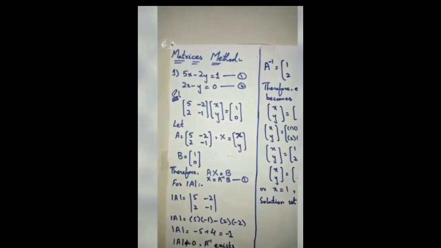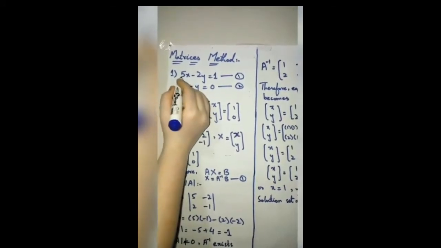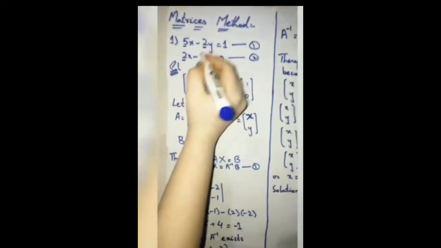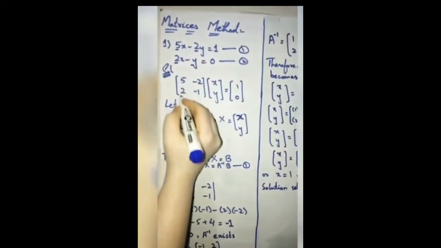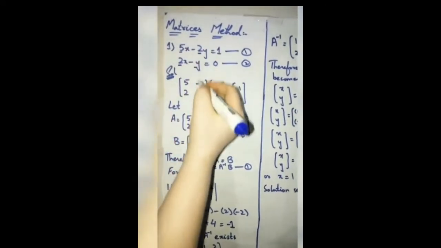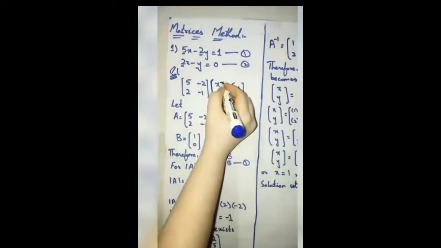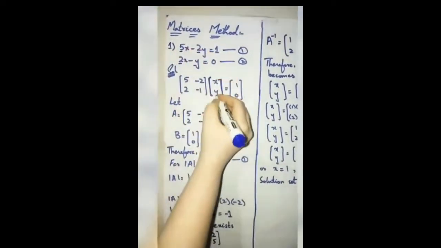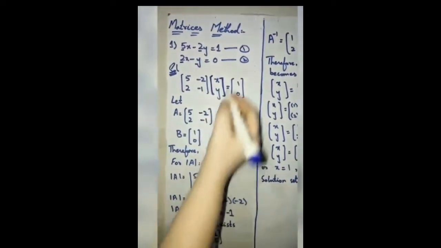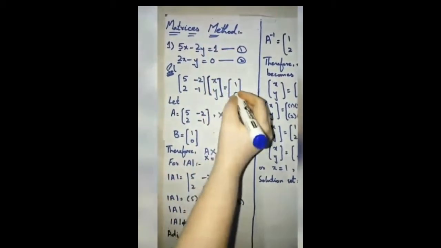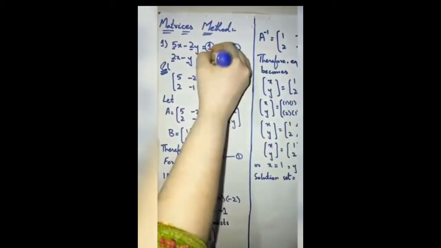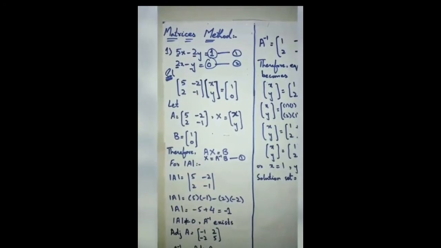We write the coefficients of x and y in one matrix, [5, -2; 2, -1], and the variables x and y in another matrix, equal to [1; 0]. We separate the 1 and 0 into another matrix as well.